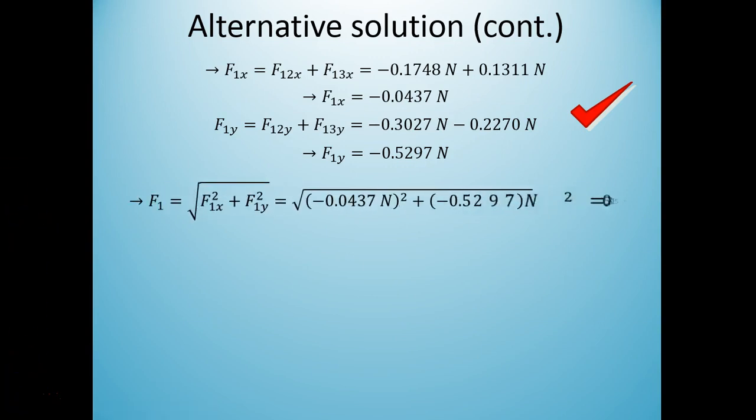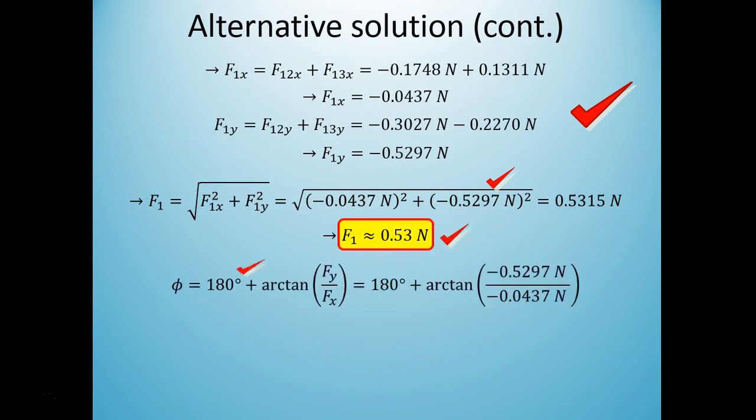So then, you use the Pythagorean theorem, just as before, to find the magnitude of your force, and that becomes 0.53 newtons, just as it was before in the other solution method. And then again, the easiest way to find the angle is to take the arctan of the y component compared with the x component, and then you need to add 180 degrees, because remember arctan is indeterminate up to multiples of 180 degrees, and you know that this is in the third quadrant.